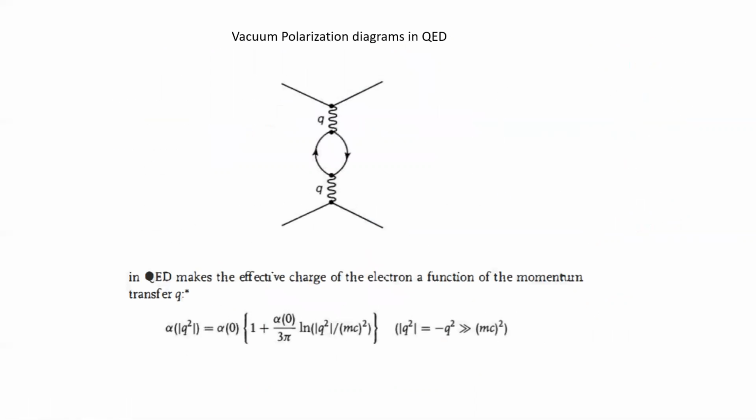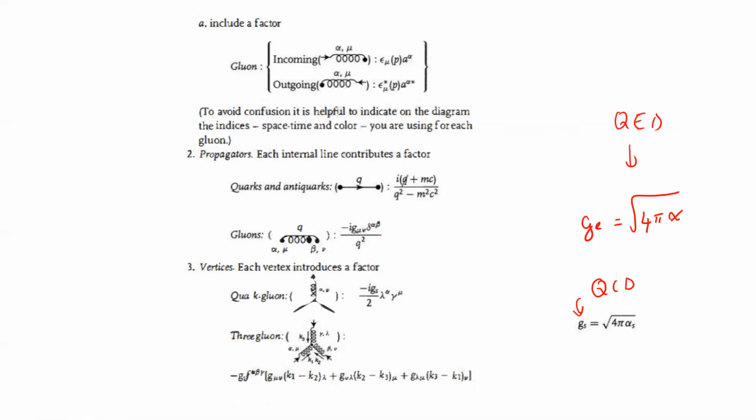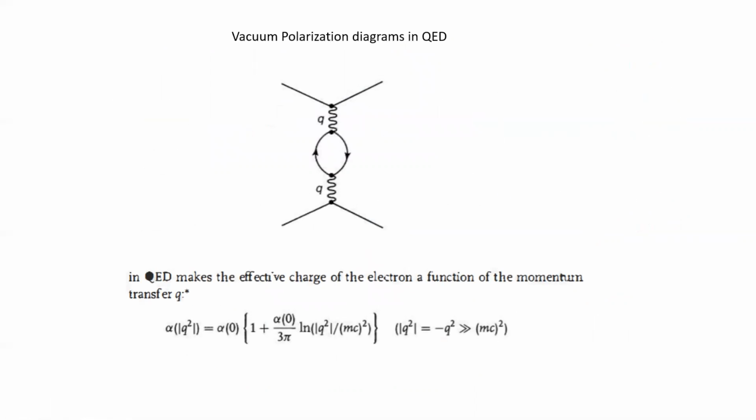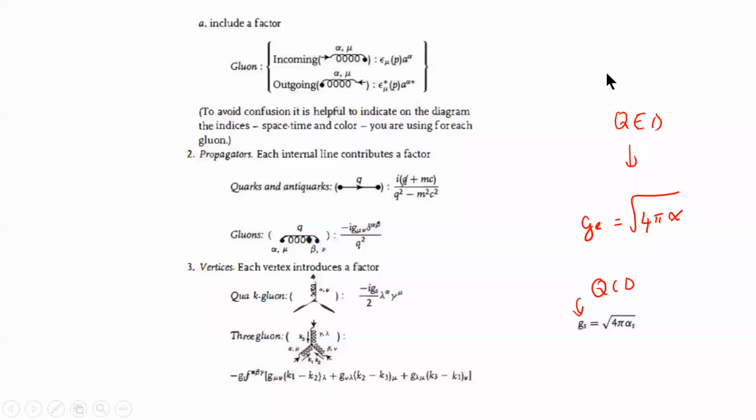So let us look at a diagram where we had essentially calculated the amplitude. For any given Feynman diagram, we just apply the Feynman rules and calculate the scattering amplitude M, right?